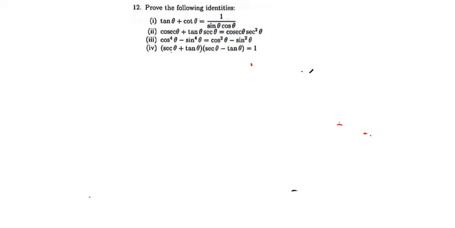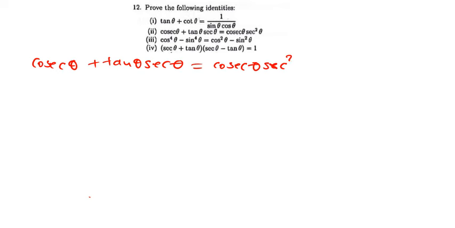Now with that basic introduction, we are at liberty to try out the remaining questions. I'll straight away go to the second one. Cosecant of theta plus tan of theta secant of theta should be equal to cosecant of theta secant squared of theta.